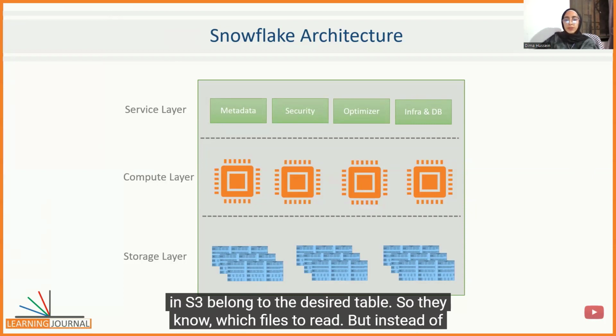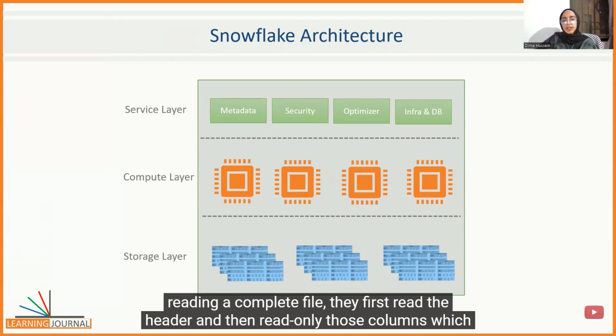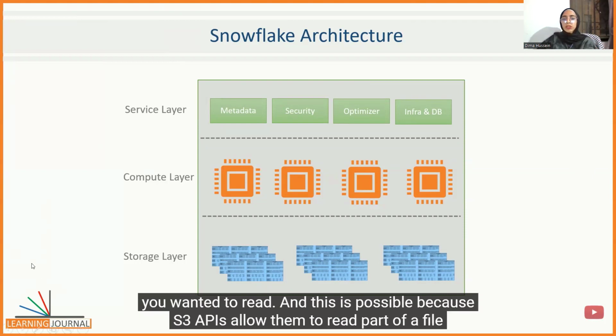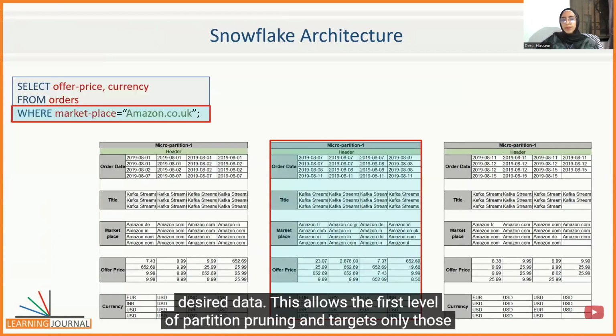So they know which file to read, but instead of reading a complete file, they first read the header and then they read only those columns which you want to read. And this is possible because of the S3 APIs provided by Amazon, for example, which allow them to read a part of the file.